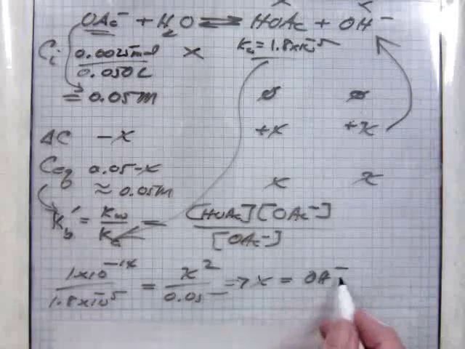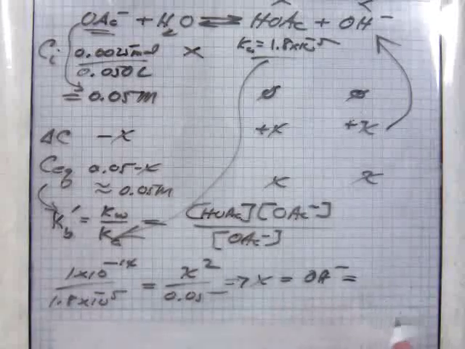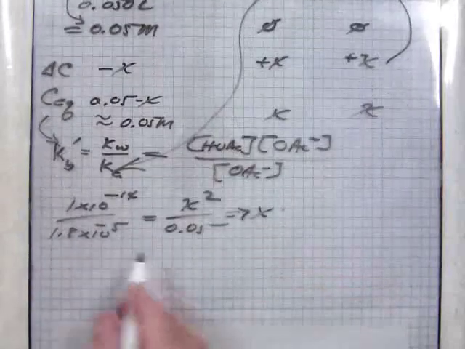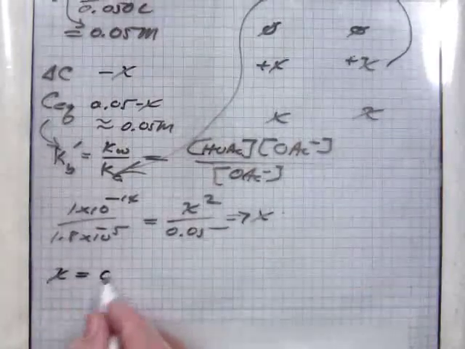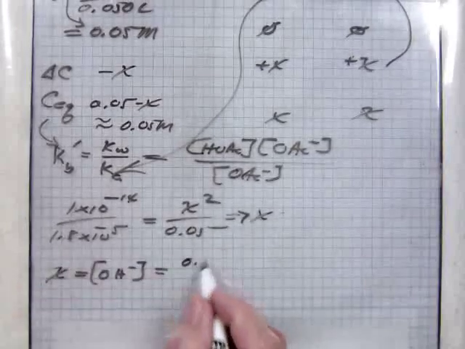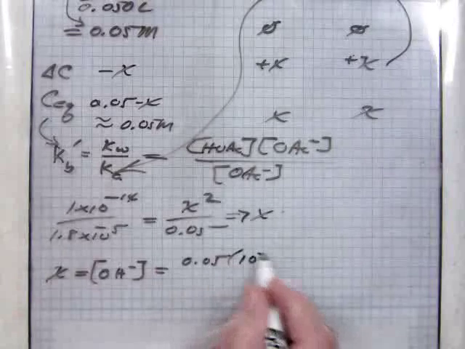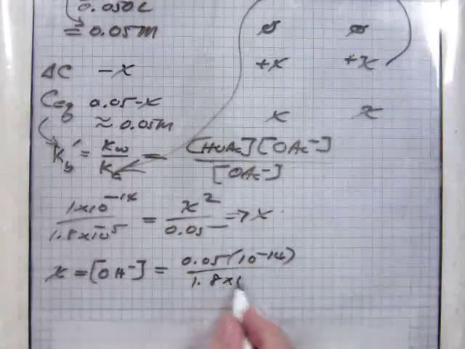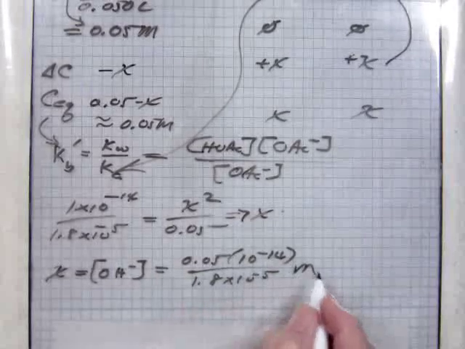So that is, well, let me bring it down here so it won't be so crowded. So X, which is OH, is 0.05 times 10 to the minus 14 over 1.8 times 10 to the minus 5 molar.